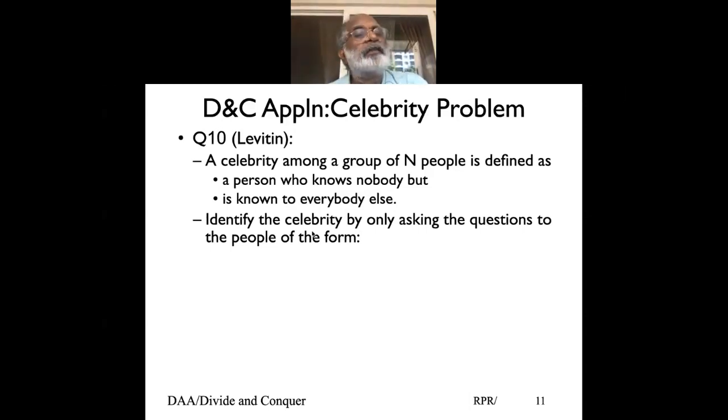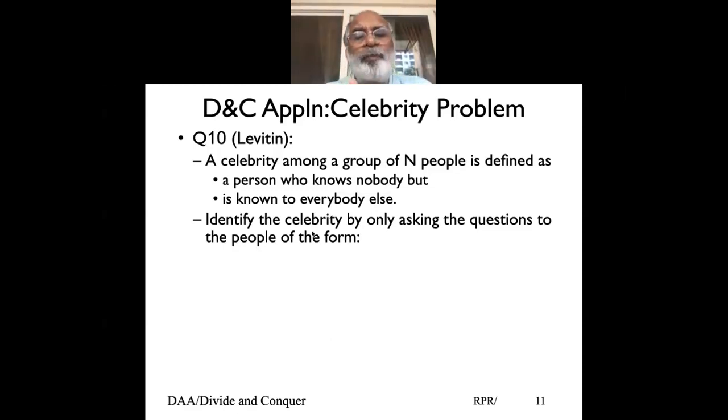For example, in our class, there's a new teacher, Kevin. The new teacher doesn't know any of the students, but all the students know the teacher, so he becomes a celebrity. Or all of you know who the principal is, but the principal does not know any of you, so the principal would be a celebrity.